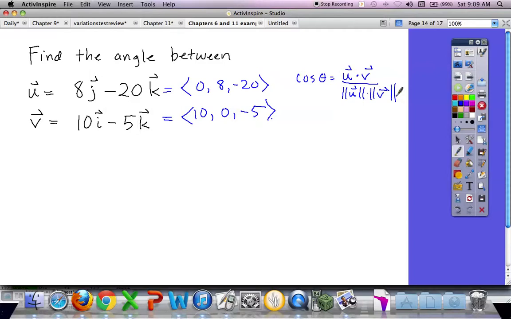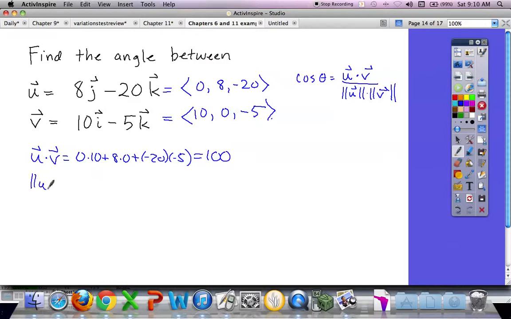So let's do our calculations. u dot v is 0 times 10 plus 8 times 0 plus negative 20 times negative 5, which is positive 100.